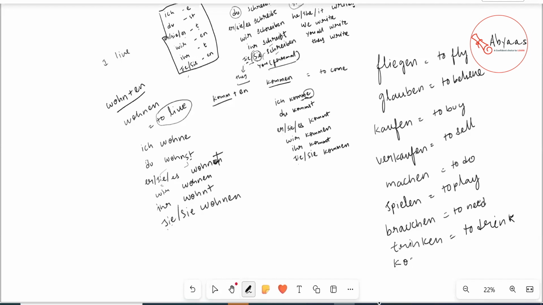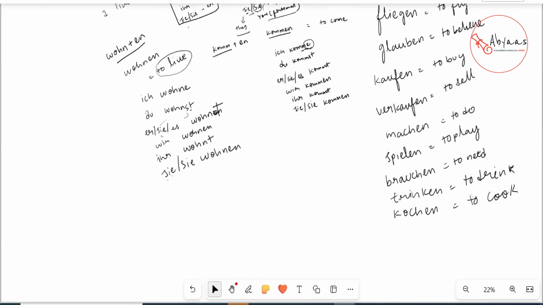Essen, to eat, is third type, an irregular verb. That is, you need to learn it by heart. Tanzen is third type again. Tanzen is to dance.